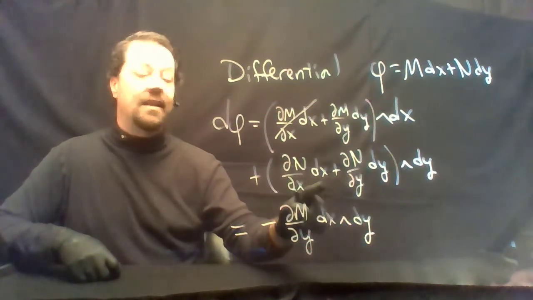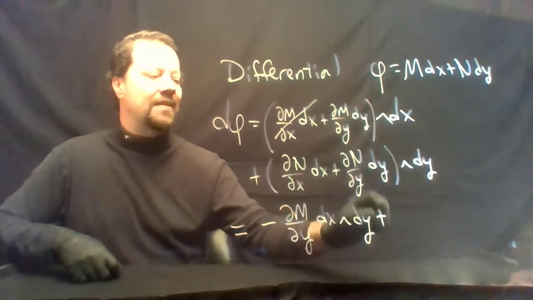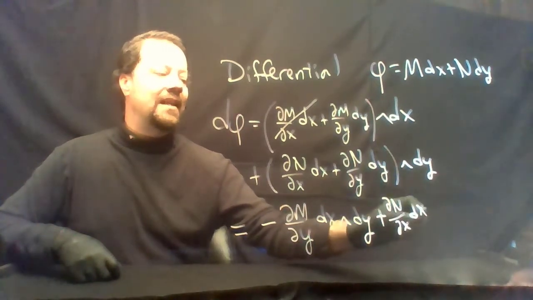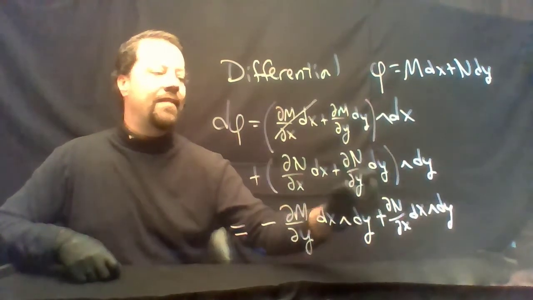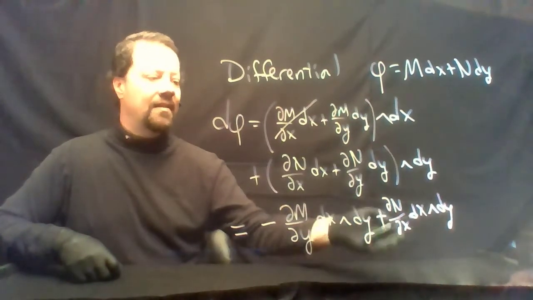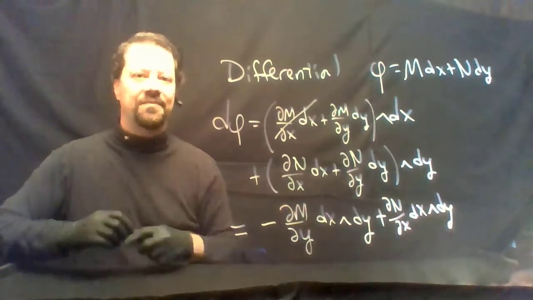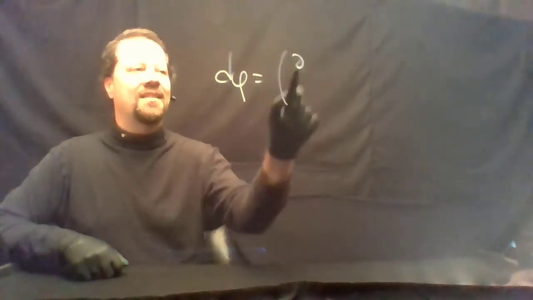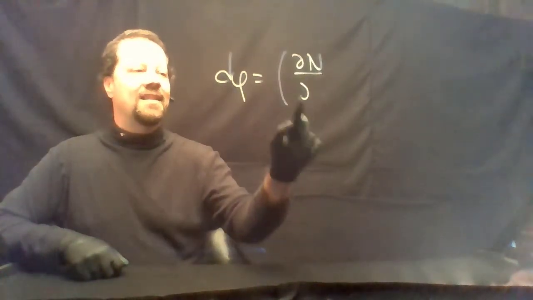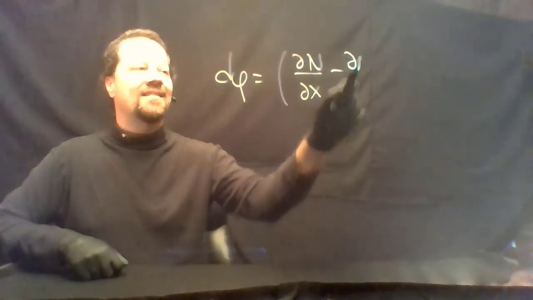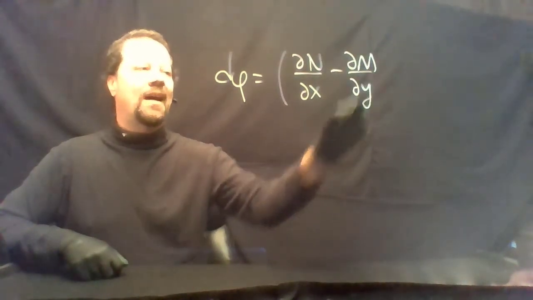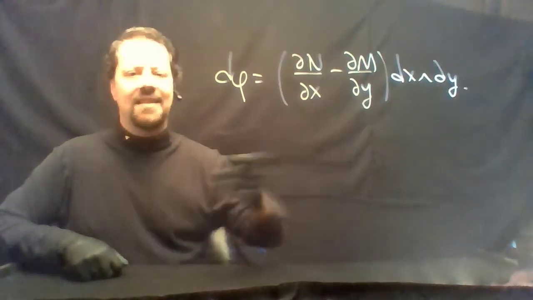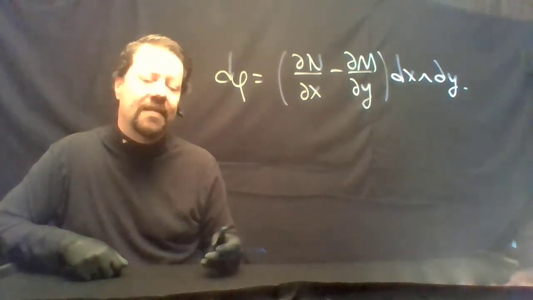And then on the next term, we'll get plus dn/dx dx wedge dy, and then 0. Rearranging these terms, we have d phi is (dn/dx minus dm/dy) dx wedge dy, and this is exactly in the form that we need for Green's theorem.